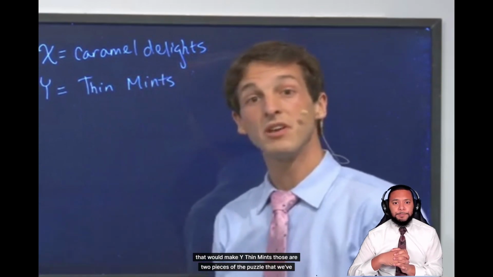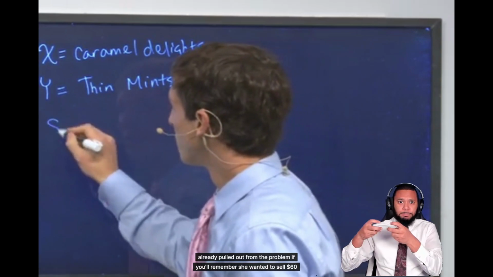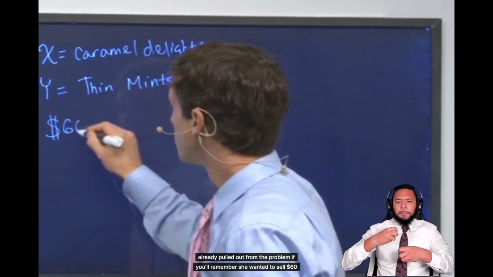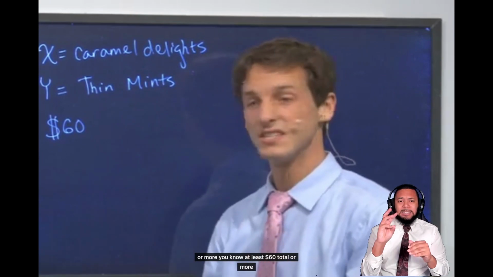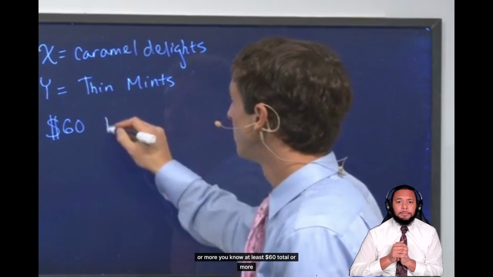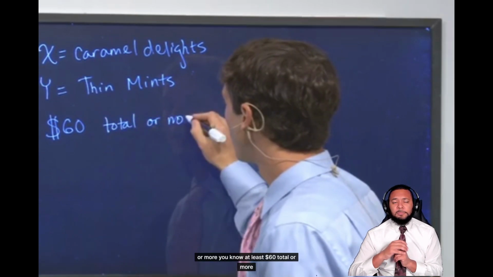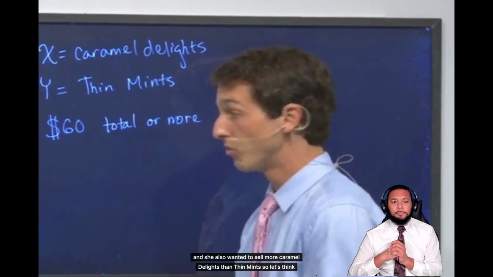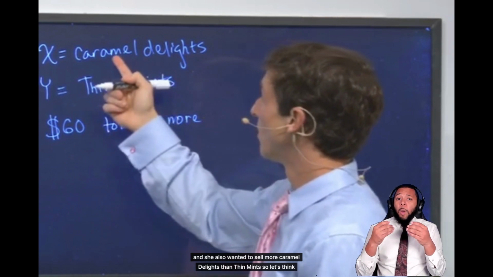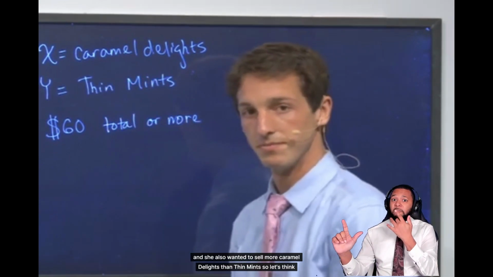Those are two pieces of the puzzle that we've already pulled out from the problem. Now, if you'll remember, she wanted to sell $60 or more, at least $60 total or more. And she also wanted to sell more Caramel Delights than Thin Mints.